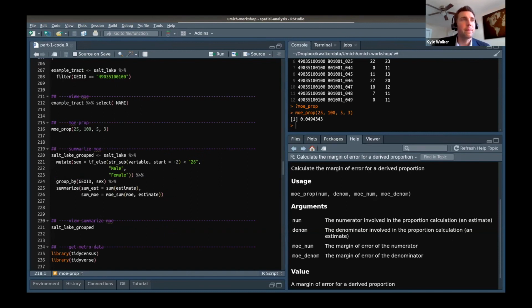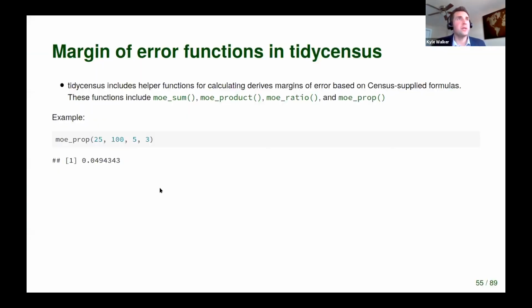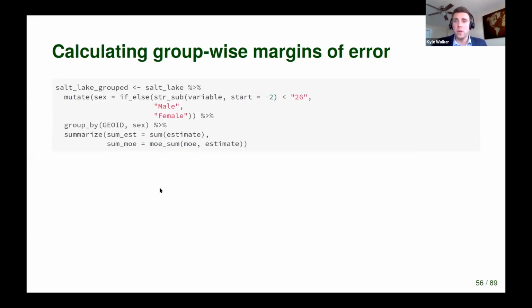Finally, as we look at this here, the group by and summarize methodology in dplyr and in the tidyverse can sometimes help you out when dealing with some of these relatively large margins of error. In this particular case, what I'm doing is I'm taking all of the information about people over age 65.